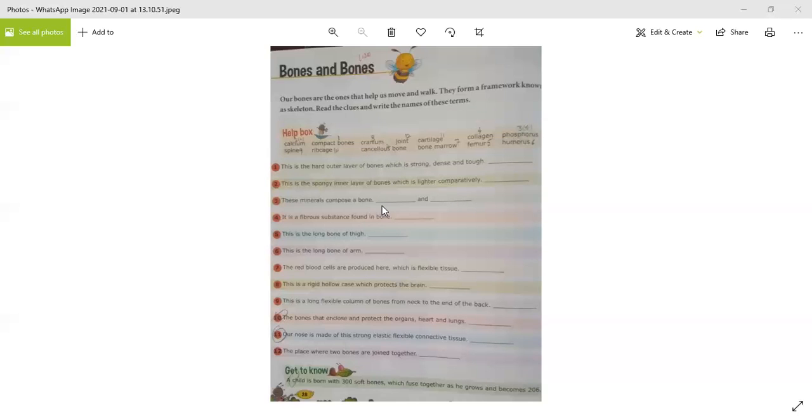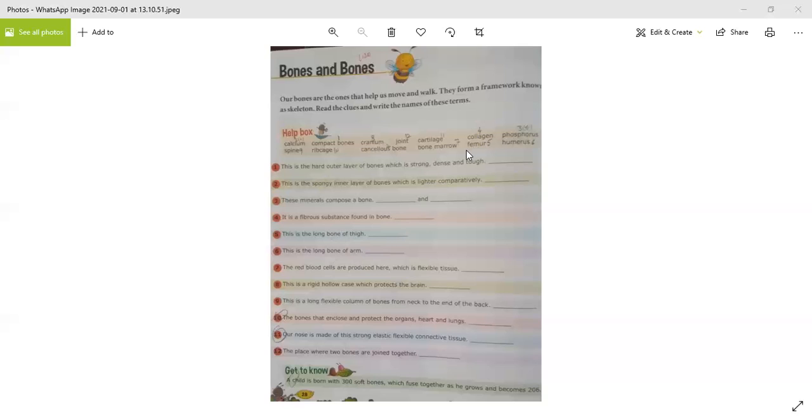So there are two kinds of minerals, calcium and phosphorus. Learn the spellings and do written practice. There is a fibrous substance that is found in our bone. What is that fibrous substance known as? It is known as collagen. COLLAGEN, collagen. Learn these spellings very carefully.